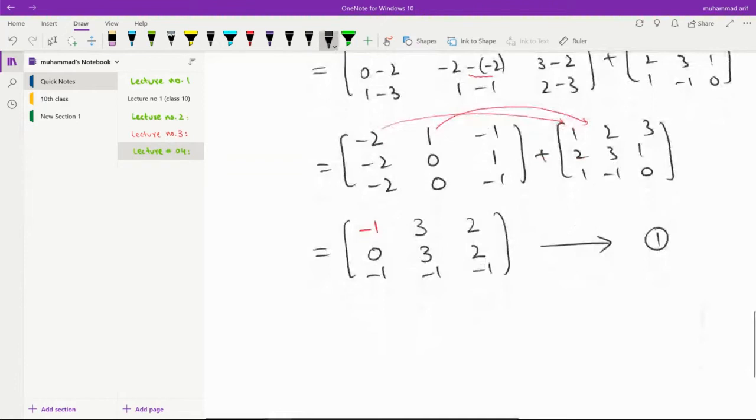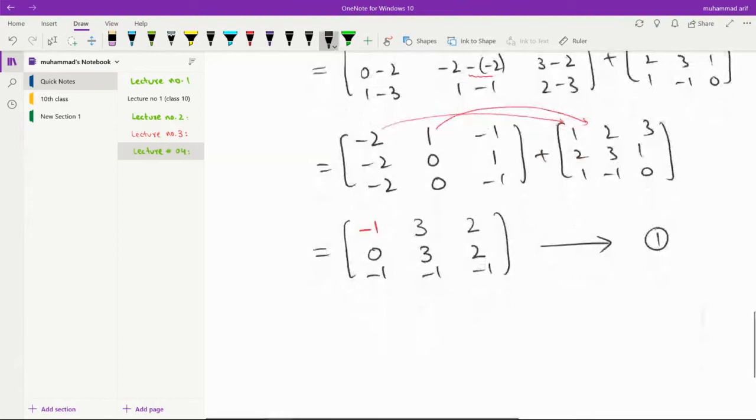The entries of C are 1, 0, 0, 0, minus 2, 3, 1, 1, 2. Elements of matrix A is 1, 2, 3, 2, 3, 1, 1, negative 1, 0. Elements of matrix B is 1, negative 1, 1, 2, negative 2, 2, 3, 1, 3.